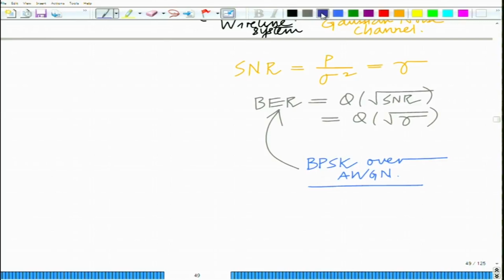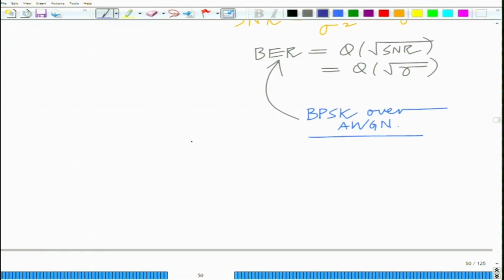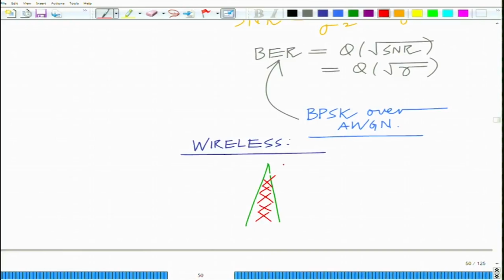Now, on the other hand, if you look at a wireless system, something interesting happens. In a wireless system, you have a base station which is transmitting to, let us say, a mobile in the cell.